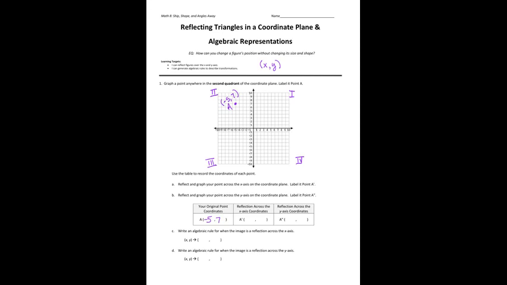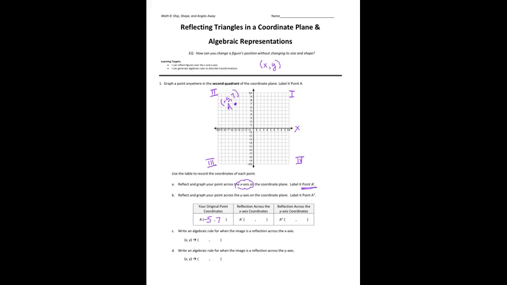It says, let's reflect and graph your point across the x-axis on the coordinate plane, and we're going to label it point A prime. Remember, the x-axis is the horizontal axis, so let's reflect. When we reflect, the new point will be the same distance below the axis as the original one was above.